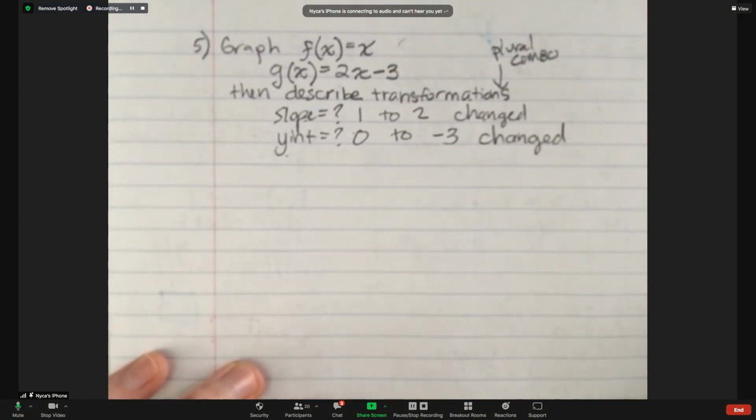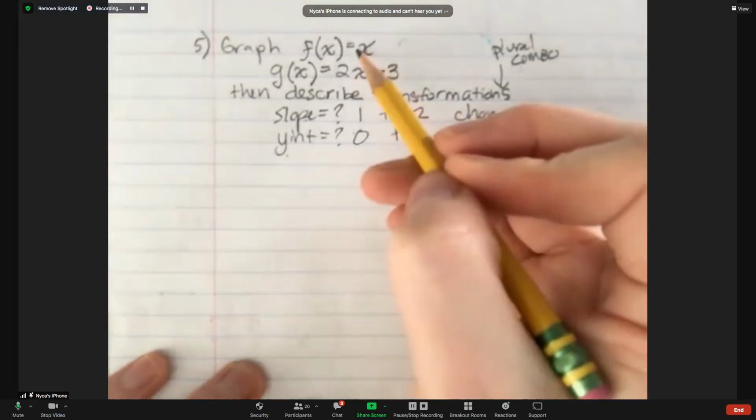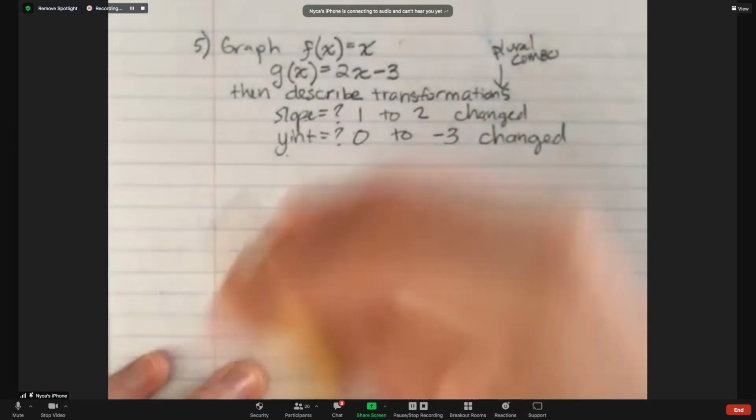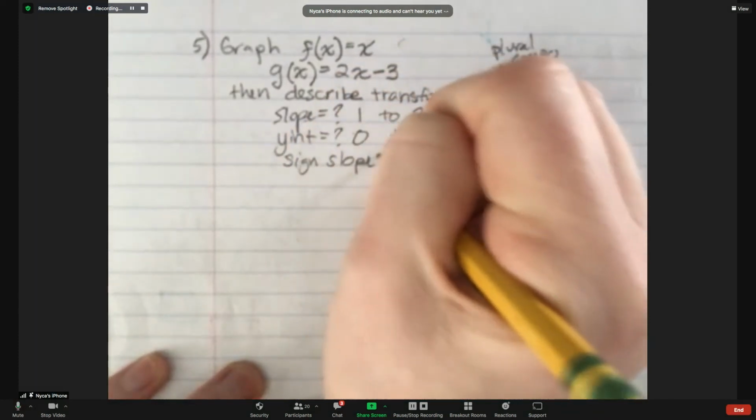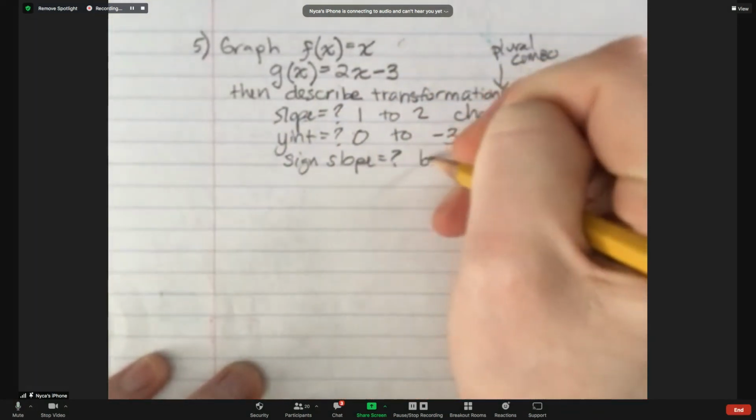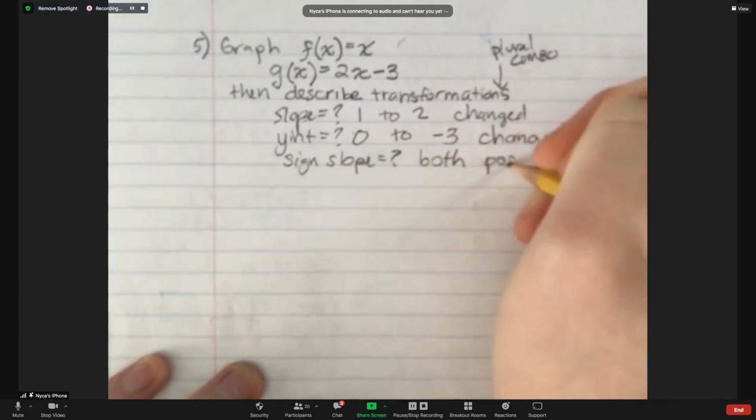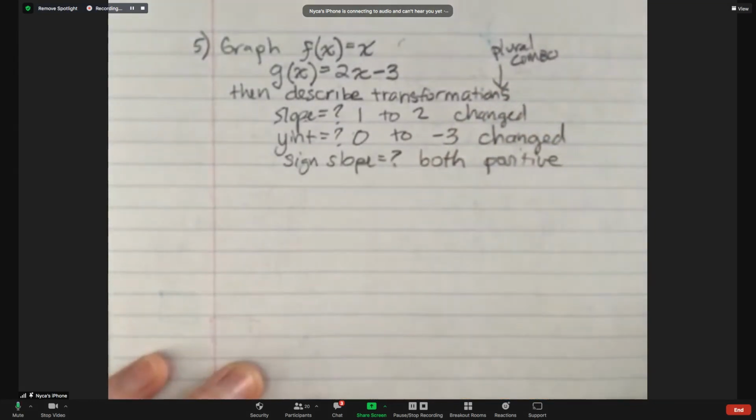You heard me mention that with reflection, your slope signs should change. Do you see any change, or are they both still positive? So we notice they are both positive. That means that there's no way that reflection could have taken place with this.